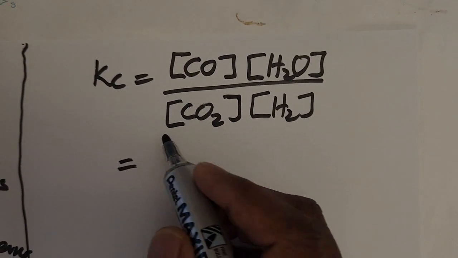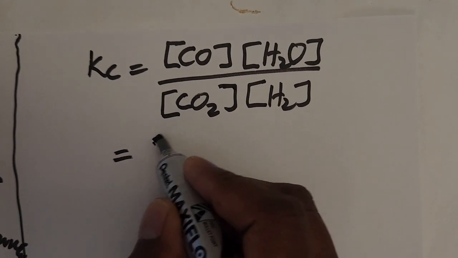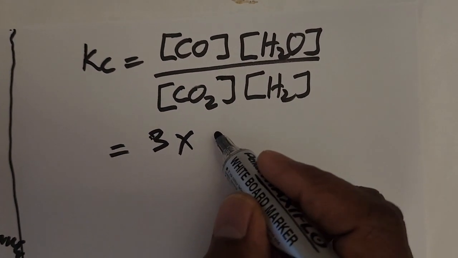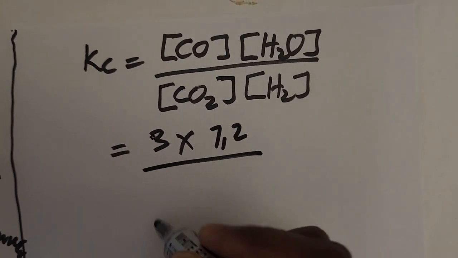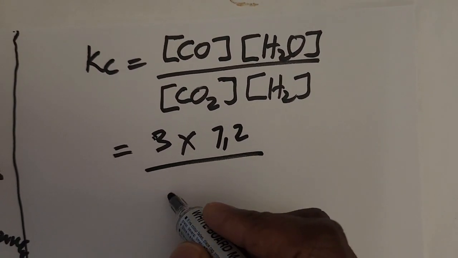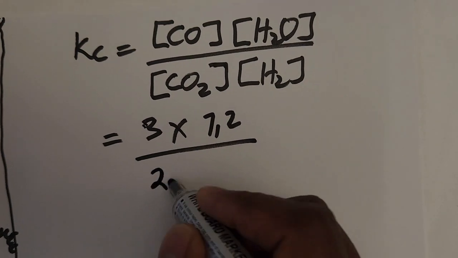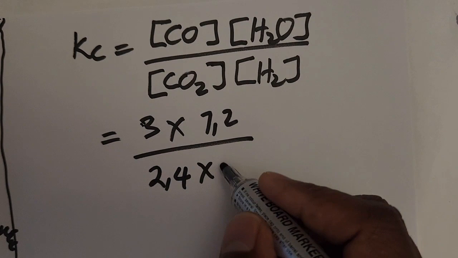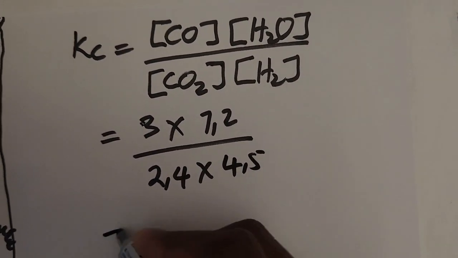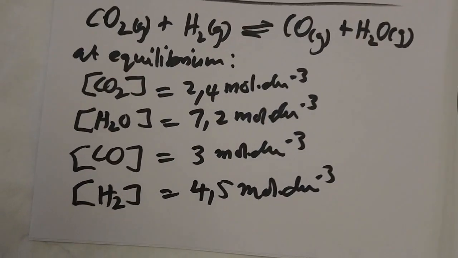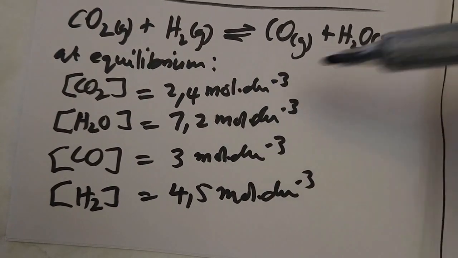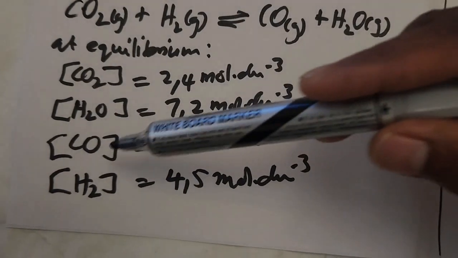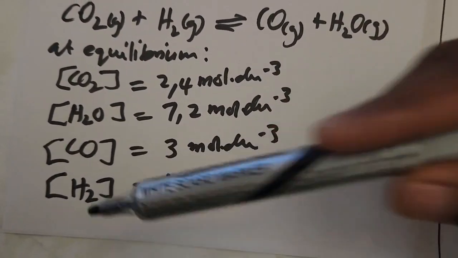You substitute. Carbon monoxide is 3, and then water is 7.2, and then carbon dioxide is 2.4, and then hydrogen is 4.5. These values are given. Carbon dioxide is a reactant, and the others are product, product, reactant.